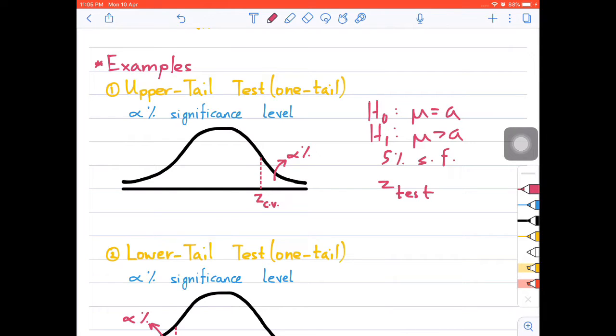And because it's an upper tail test, and the significance level shows the area of rejection, the probability of rejection, it's 5%, right? So the extreme right hand corner having a probability of 0.05, that is equal to 5%, will be the rejection region.